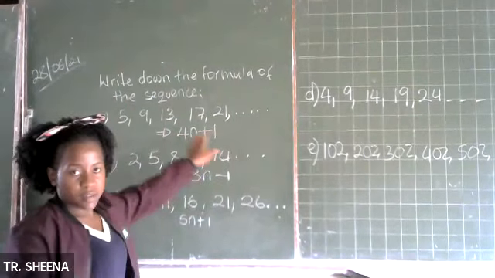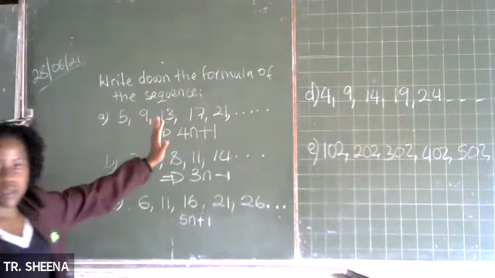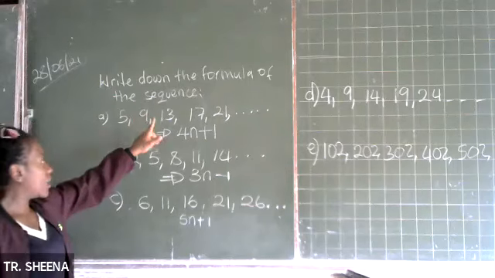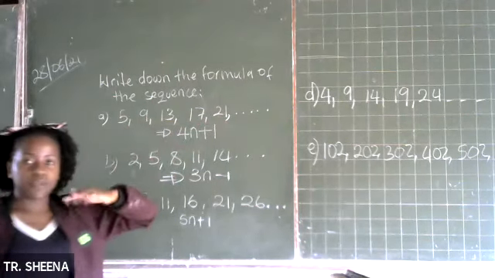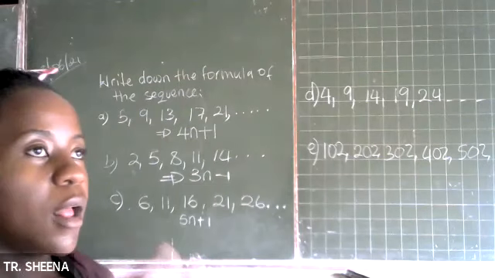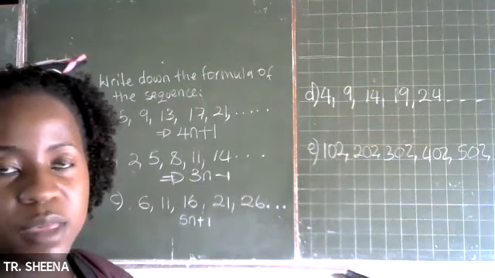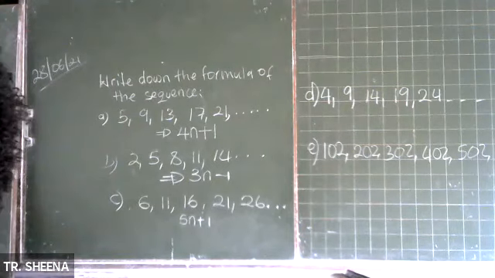We checked all of them, and this one was the only one that was giving us all the terms. That is how you decide which one you're taking. You try the first, the second, and if it applies up to the term they've stopped at, then that's the formula you take. And you'll find that most times it's one of them. It will always be one that gives you everything up to the last one.